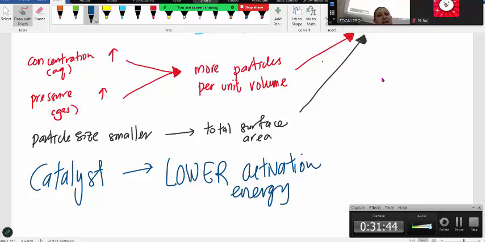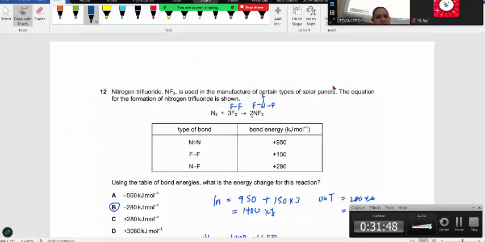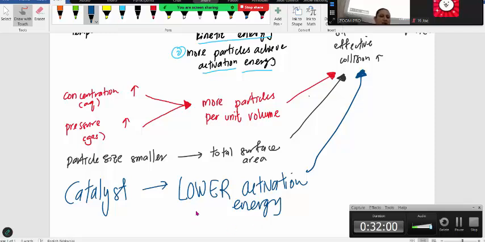When it lowers the activation energy, the frequency of effective collision increases, the rate of reaction increases. So the only thing that it can do is it lowers the EA.